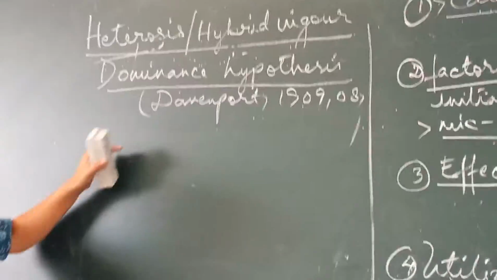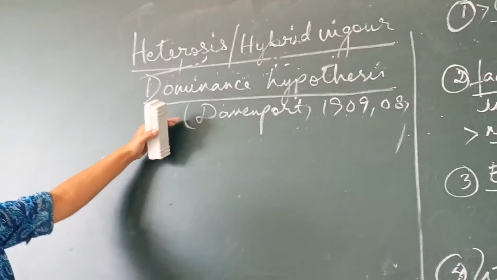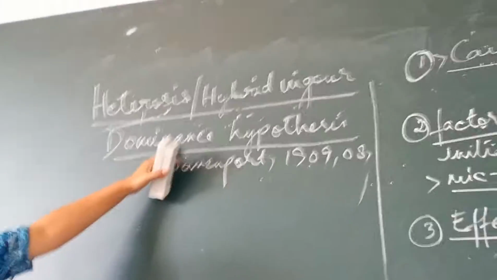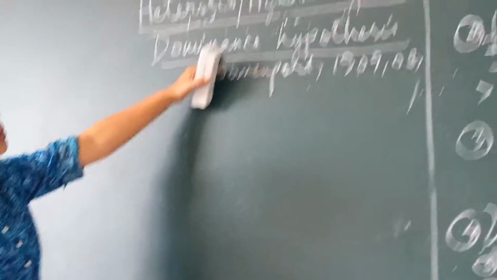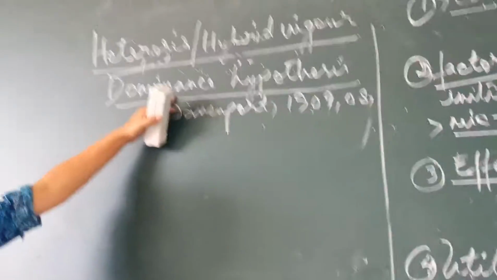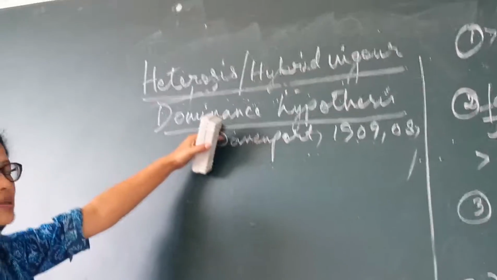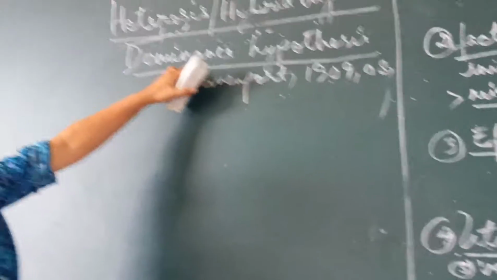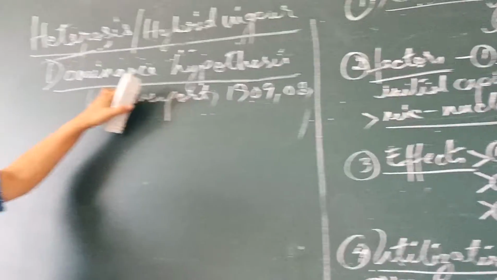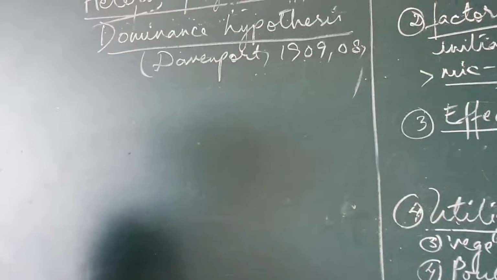He tried to explain that heterosis is caused by a dominant gene. Heterosis is not caused by a weak gene or a recessive gene, but by a dominant gene. That's why the hypothesis is known as the dominance hypothesis.